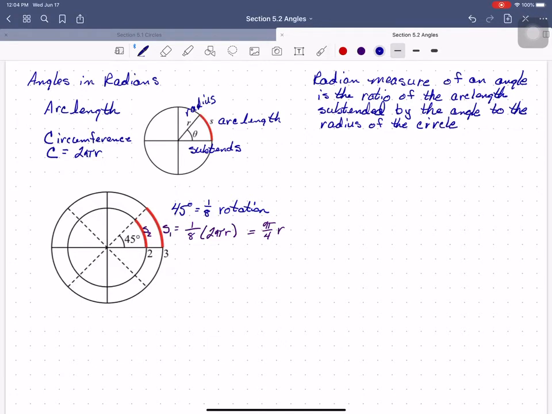In other words, the radian measure equals S over R.